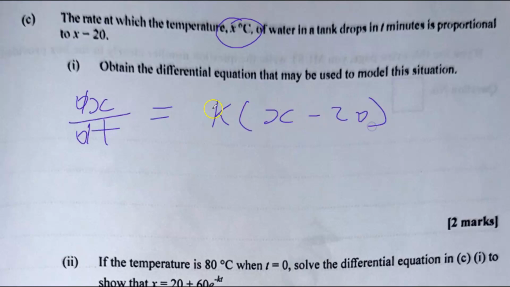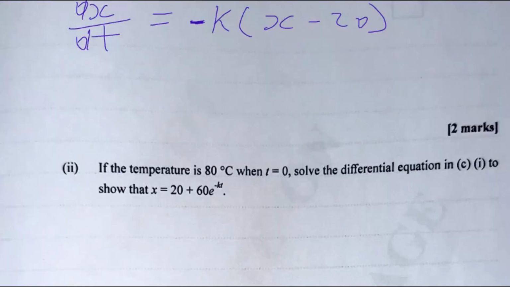And we're told the temperature is falling, so the constant will be a negative value, so negative k. If it was increasing, the constant would be positive, but since it's falling, it's negative k. So that's the differential equation we'll be using to model the situation.